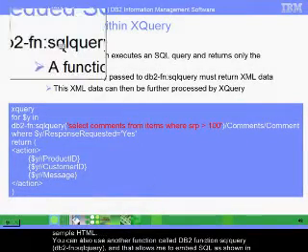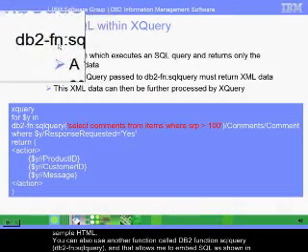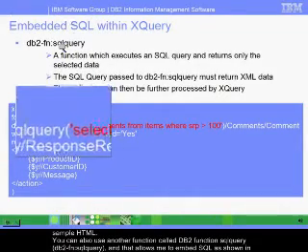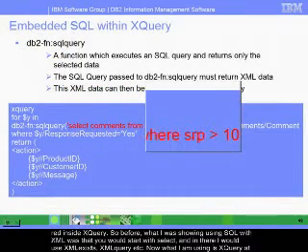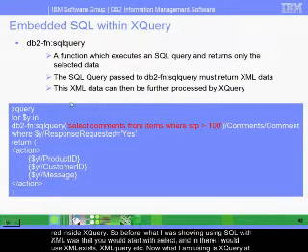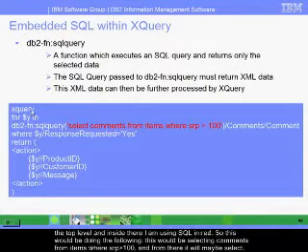Sample HTML. You can also use another function called DB2-FN SQL query, and that allows me to embed SQL right inside XQuery. Before, what I was showing using SQL with XML was that you would start with select, and in there I would use XMLEXISTS, XMLQUERY, etc. Now what I'm using is XQuery at the top level, and inside there I'm using SQL, in red.